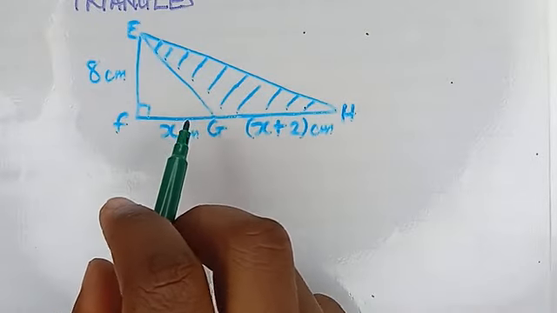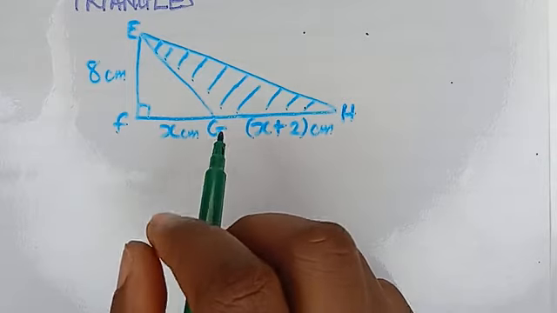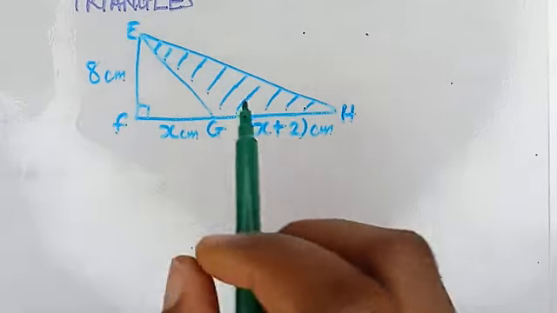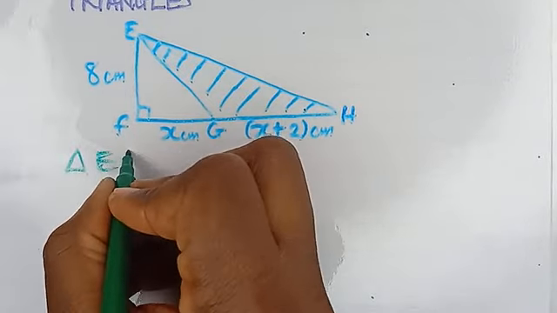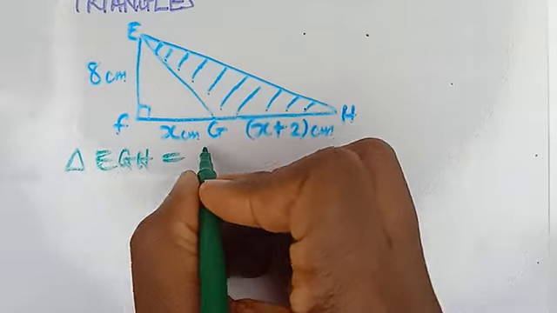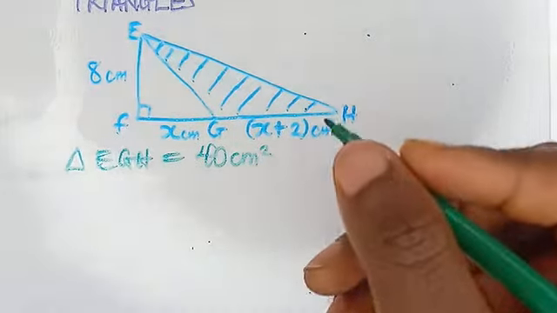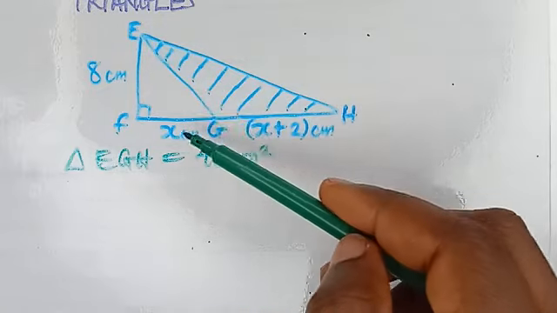Okay, now looking at this triangle, we have this shape and this shaded portion, triangle EGH, and the area of triangle EGH is equal to 40 cm squared. And we've been asked to find the area of triangle EFG.